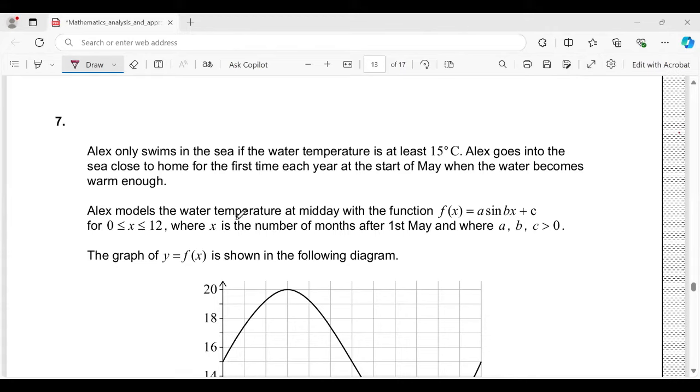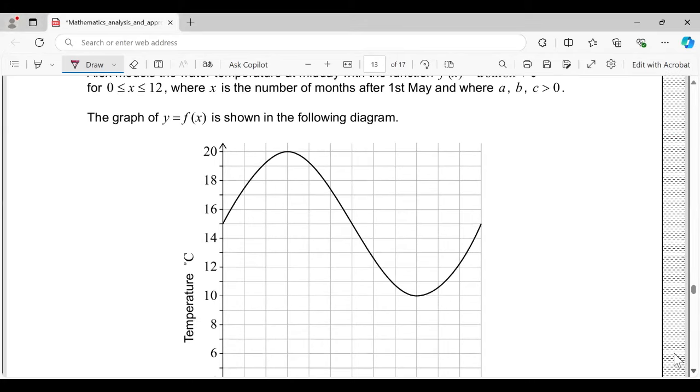Alex models the water temperature at midday with the function f(x) equals a sin(bx) plus c for x in the interval 0 to 12, where x is the number of months after 1st May and where a, b, c are greater than 0. The graph of y equals f(x) is shown in the following diagram.